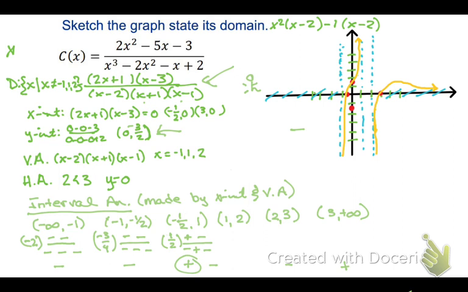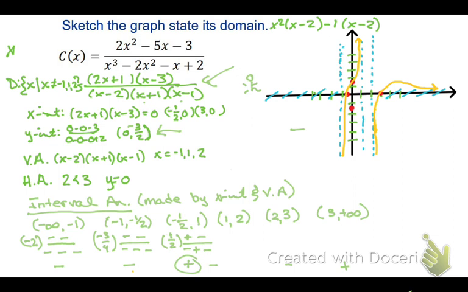So then wait a second, this one should have probably been positive, shouldn't it? Because don't I have to go through a 0? Yes? So that means I need to check this x-intercept. I'm pretty sure it's negative 1/2, aren't you?